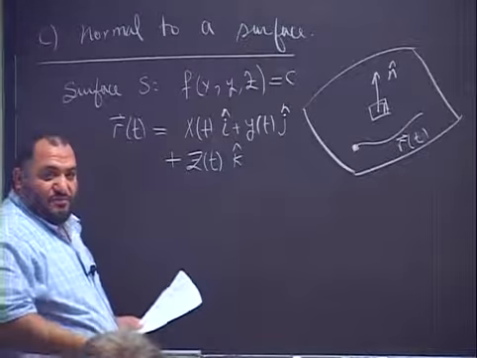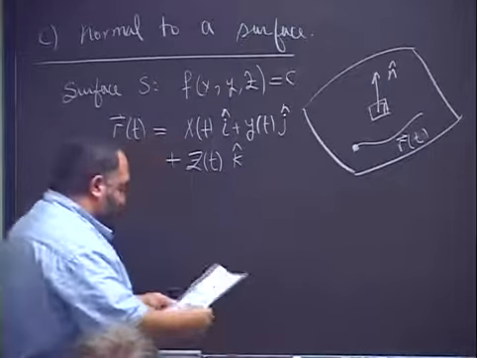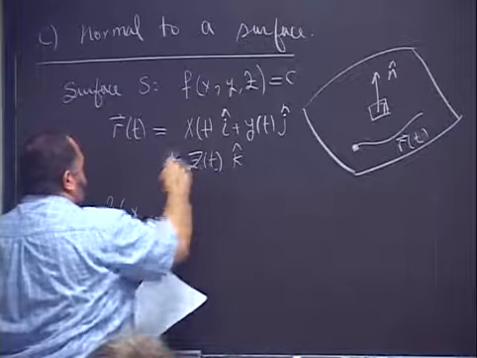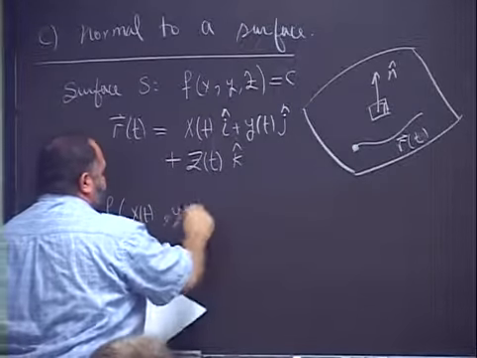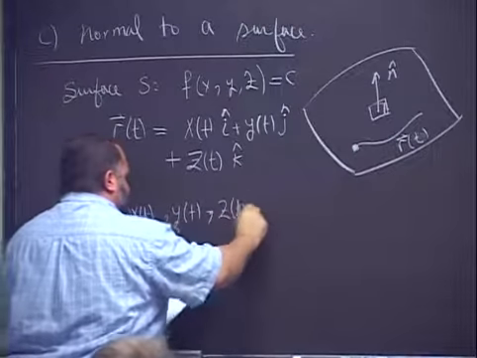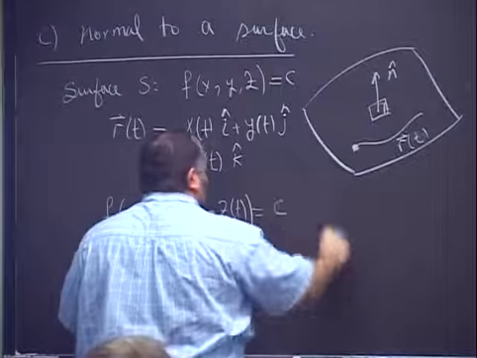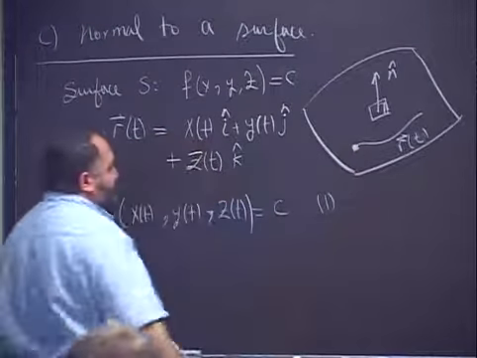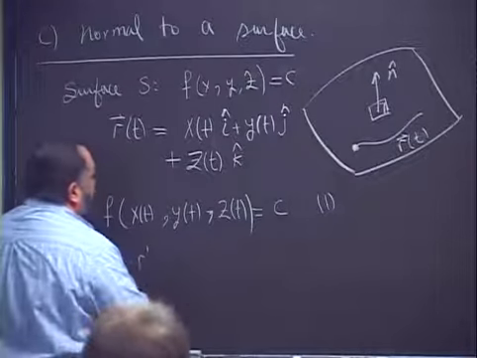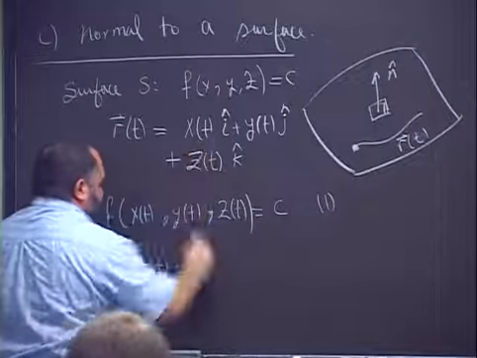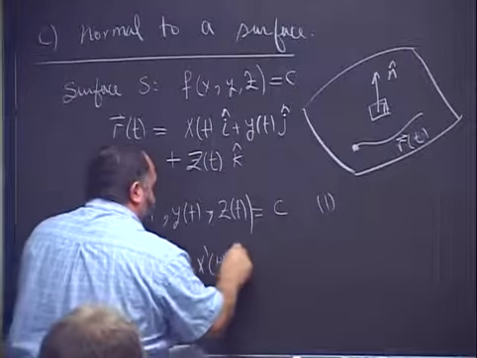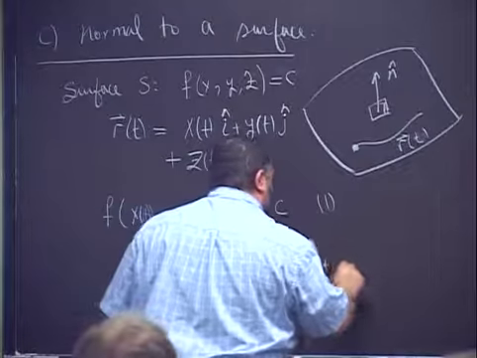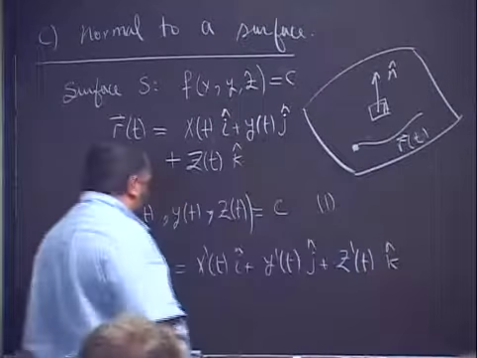Because the curve is on the surface, it must satisfy the equation for the surface, and in this case it will be f of x of t, y of t, and z of t is equal to some constant C. If we differentiate or try to get the tangent for this curve on the surface, the tangent is just r prime of t, and it is a vector, which is equal to x prime of t in the i direction plus y prime of t in the j direction plus z prime of t in the k direction.